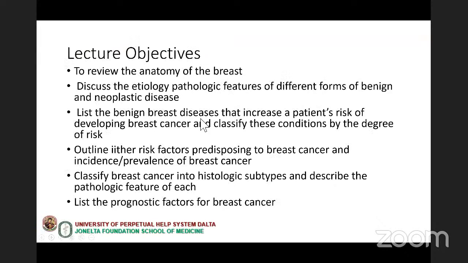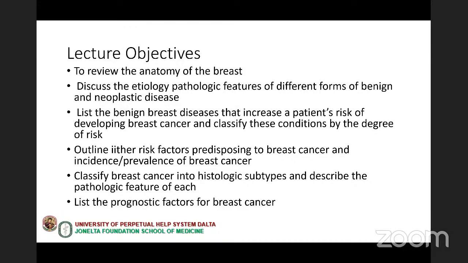Objectives for this lecture would be to review the anatomy of the breast, discuss the etiology and pathologic features of different forms of benign and neoplastic diseases of the breast, to list the benign breast diseases that increase a patient's risk of developing breast cancer and classify these conditions by the degree of risk, outline risk factors predisposing to breast cancer and incidence and prevalence of breast cancer, classify it into histologic subtypes, describe the pathologic feature of each, and prognosticate.